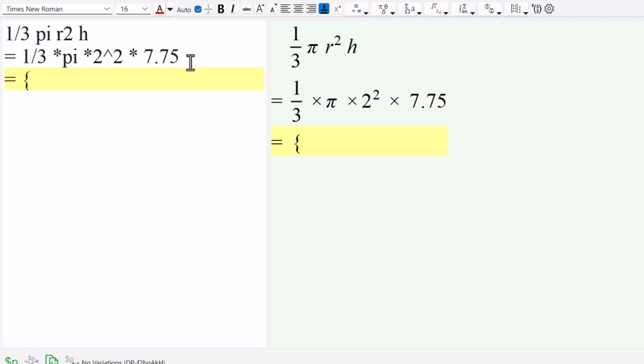Let me use my calculator in FX. So if I type 1 over 3, 1 over 3 times pi times 2 square, which is 4, then times 7.75. So this will give us our answer.